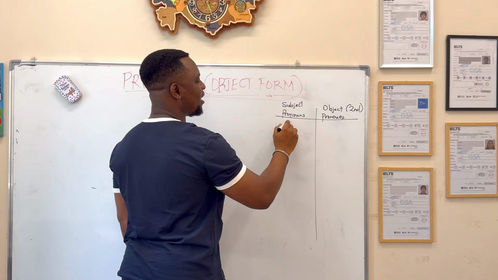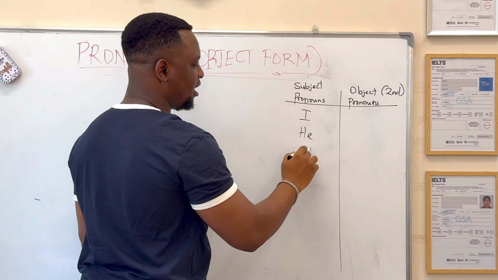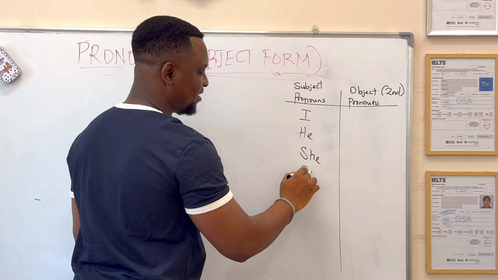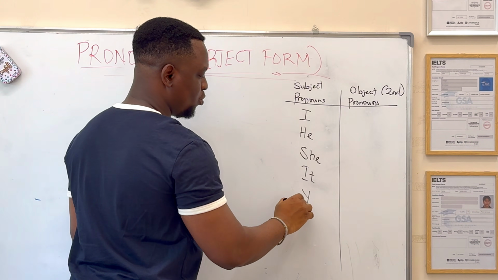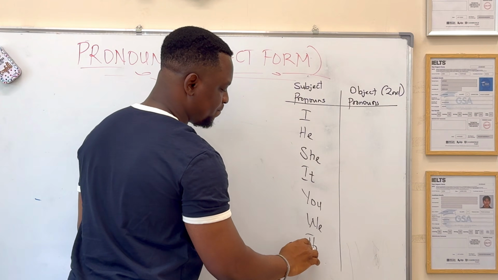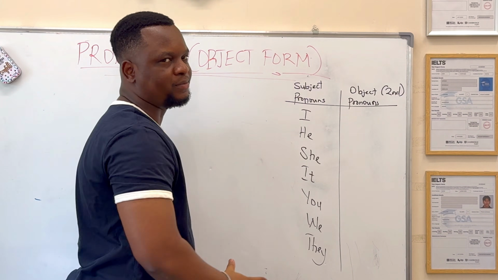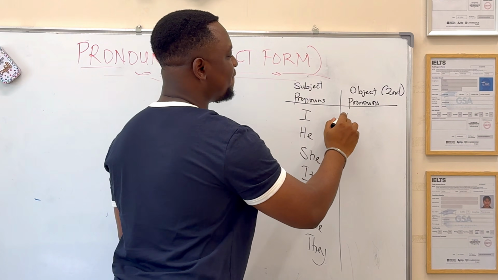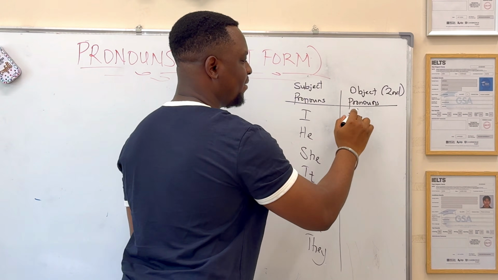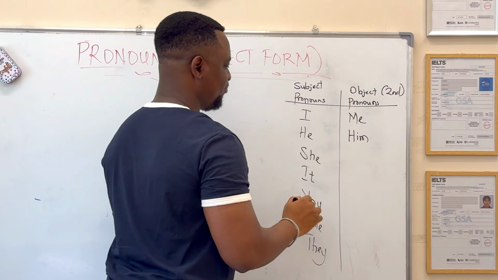For example, I have I, he, she, it, you, we, they. Okay, these are the subject pronouns. For I, we have me. He, we have him.